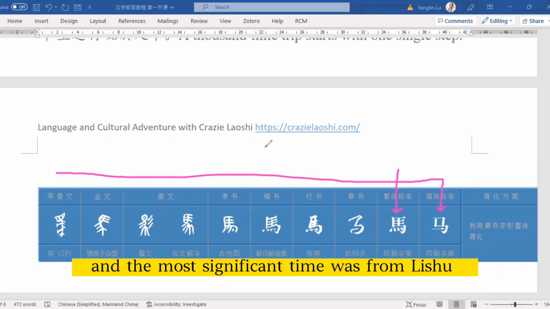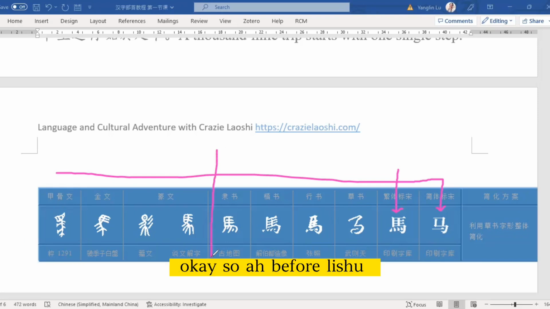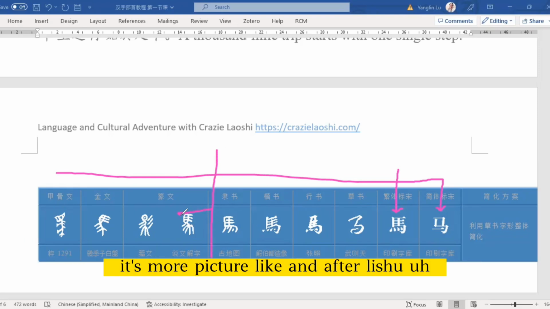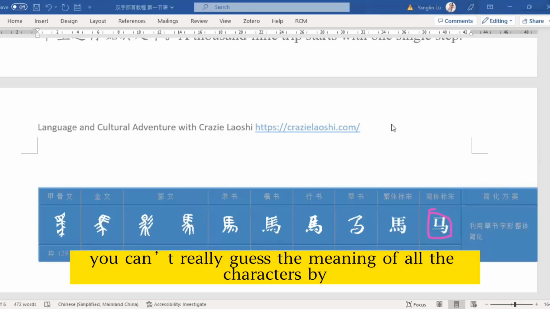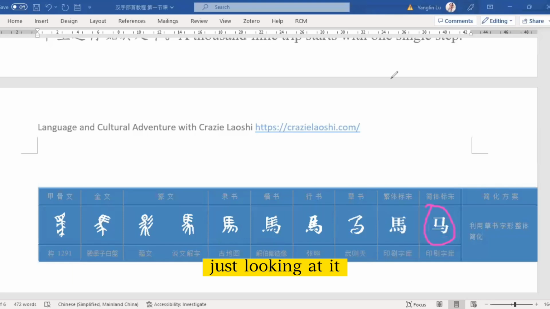The most significant change was from Li Shu. Before Li Shu, it's more picture-like. After Li Shu, it's more towards really square-looking characters. This is why today you can't really guess the meaning of all the characters by just looking at them.